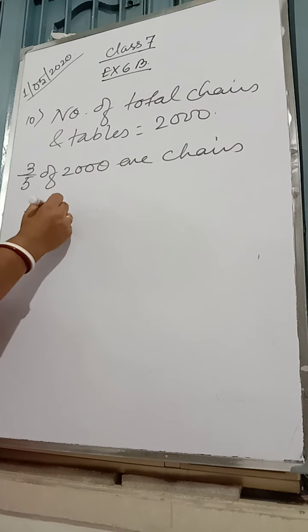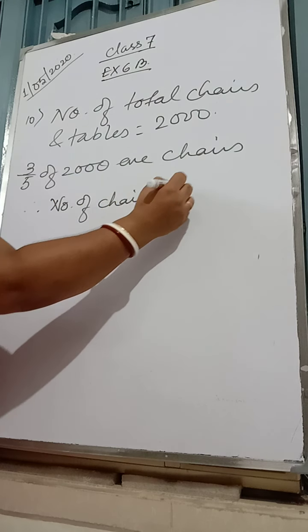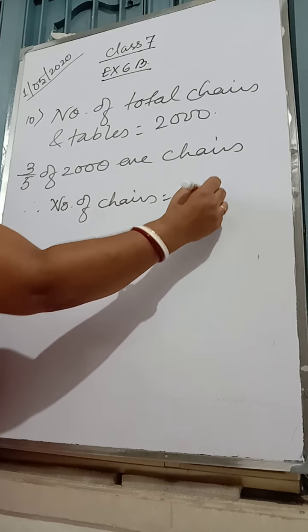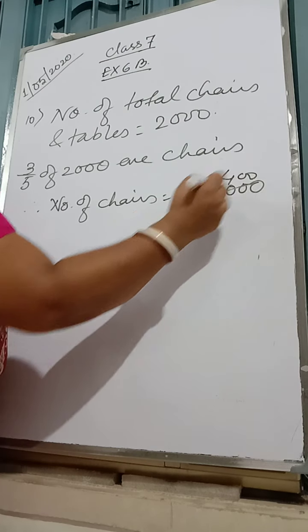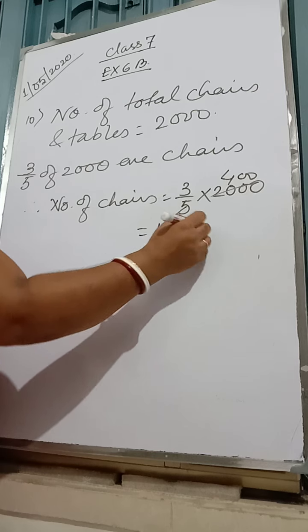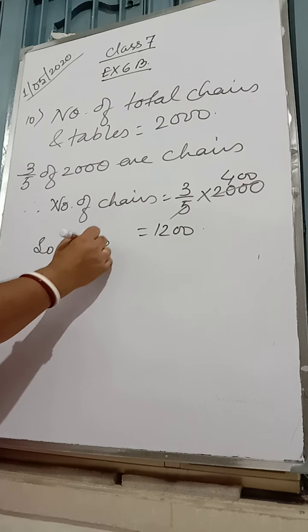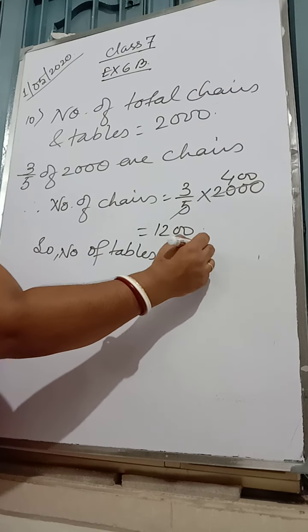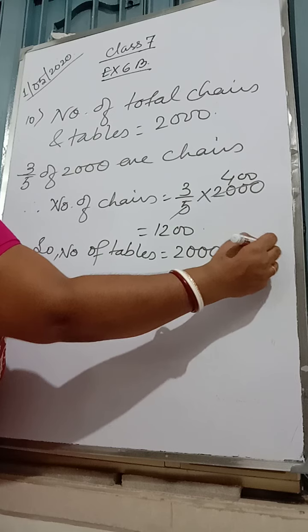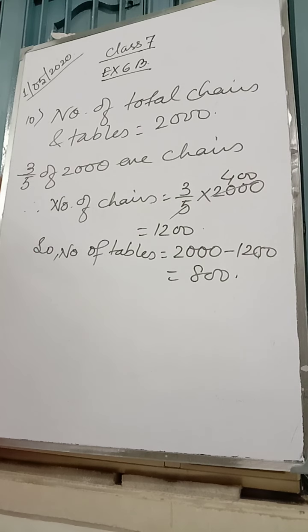So number of chairs is equal to 3 by 5 into 2000, 1200. So number of tables would be 2000 minus 1200, 800. Now first it says number of chairs and tables, got it.